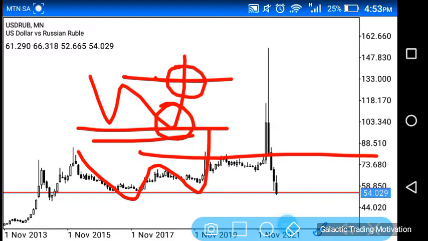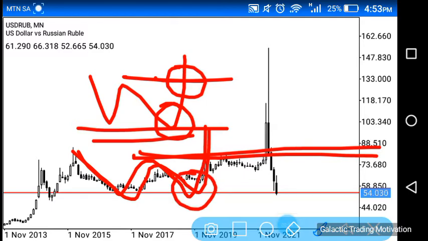So similarly, in this case over here, where we had this W structure, a lot of investors and traders bought in this region and then bought again at this region when the neckline was broken, putting their stop losses just below that W structure.